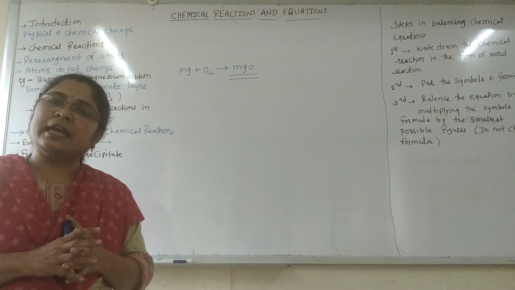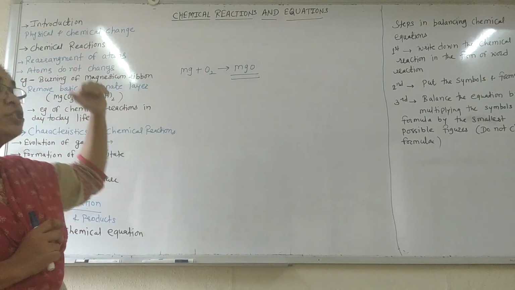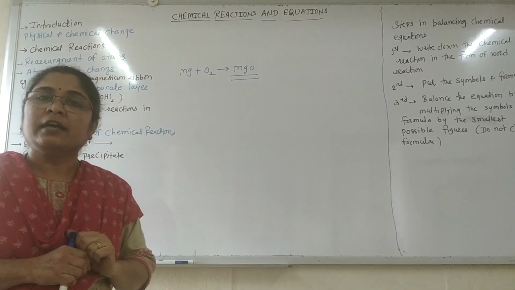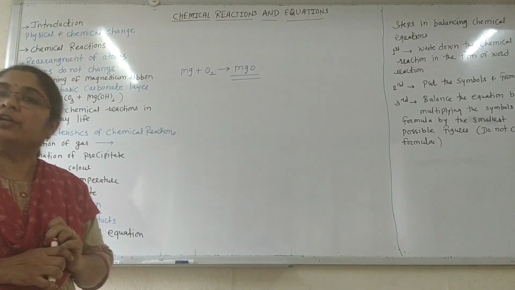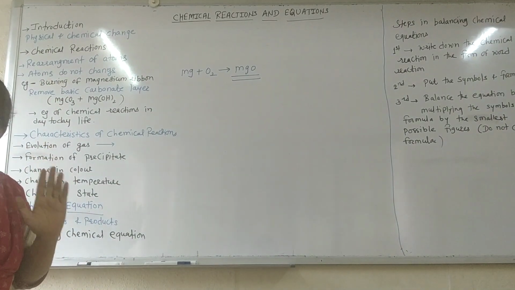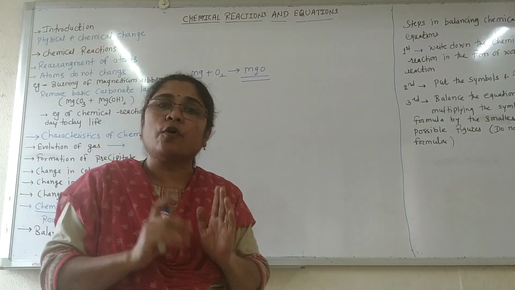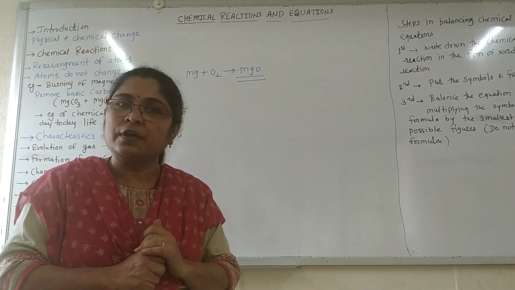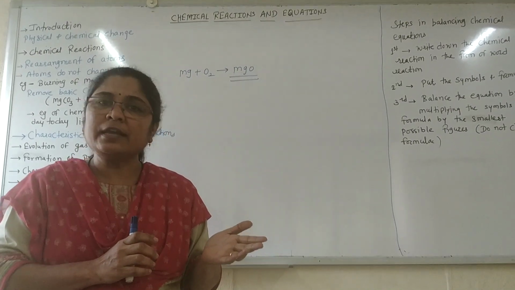During such chemical reactions also, the exchange of ions or the rearrangement of atoms takes place, and that is why this is called a chemical reaction. So, understood about chemical reactions? These can be defined as the process of formation of new substances with new properties. Okay?